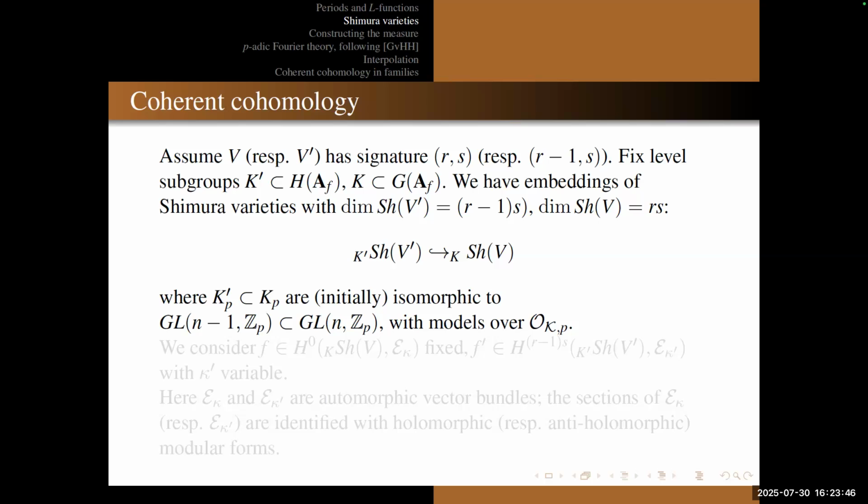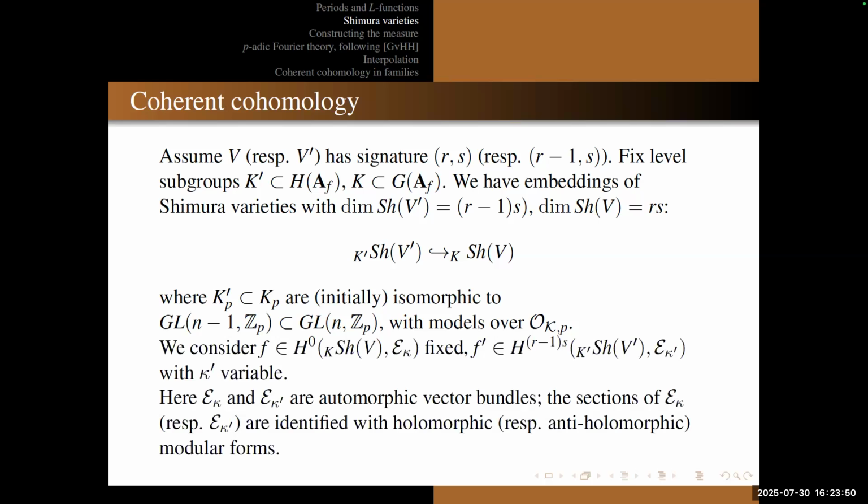And so we get an embedding of the Shimura variety. And as I said, F is a section of a certain automorphic vector bundle, in other words, a modular form. F prime is a top degree coherent cohomology class. And so, as I said, holomorphic and anti-holomorphic modular forms.